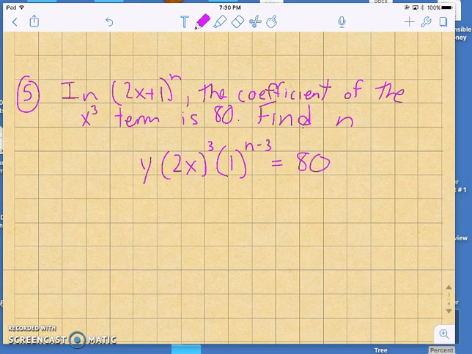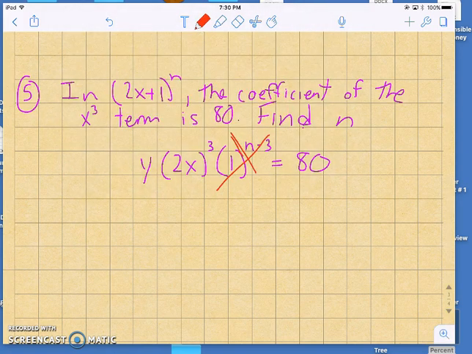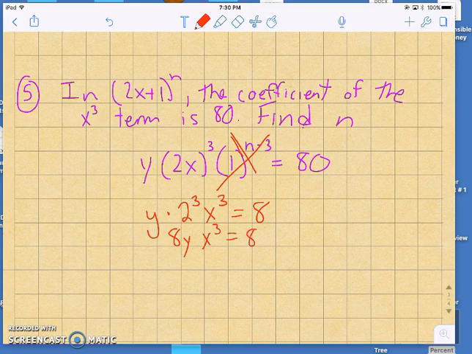Well, we know 1 to any power is 1, so technically we don't need to worry about this. So this is really y times 2 to the 3rd times x to the 3rd equals 80. So let's see. This is 8yx cubed equals 80. And we're just concerned about the coefficient part.